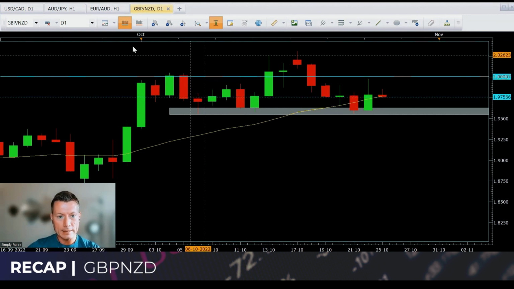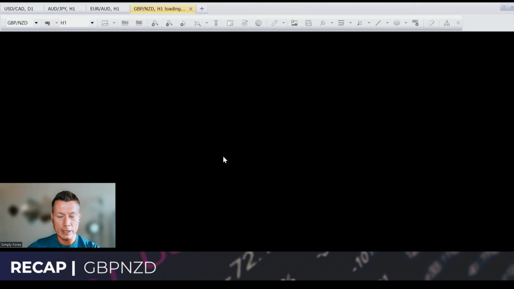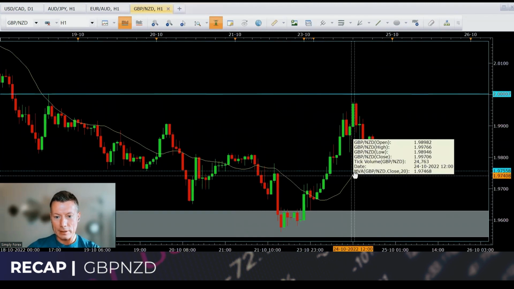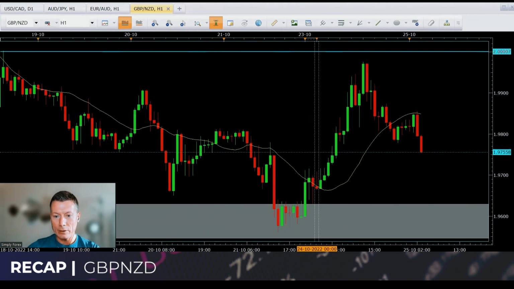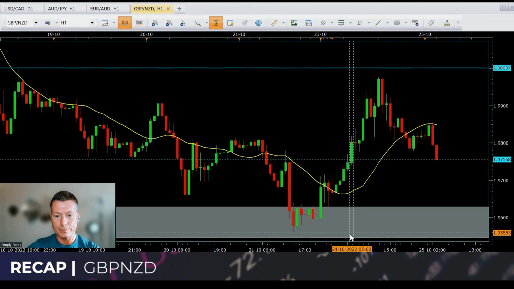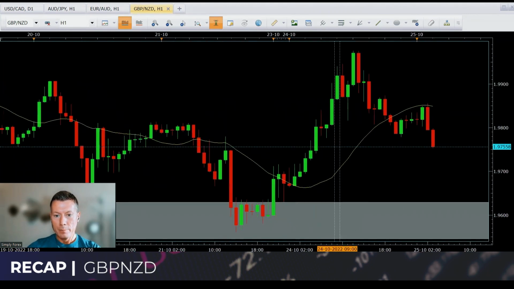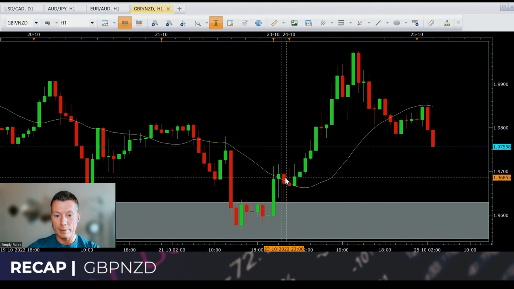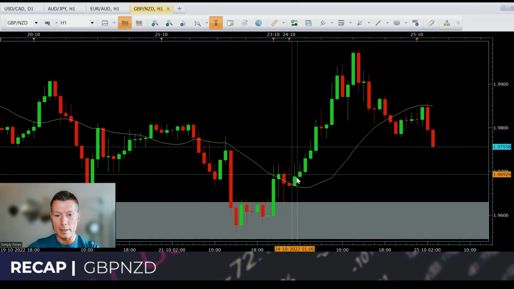Okay, so again, let's see if we could get in on this pair on the H1. And again, guys, I wish I could tell you that I could get in on this pair, but I couldn't. But for me, the place to get in on this pair is this, but this is literally as the market opens.